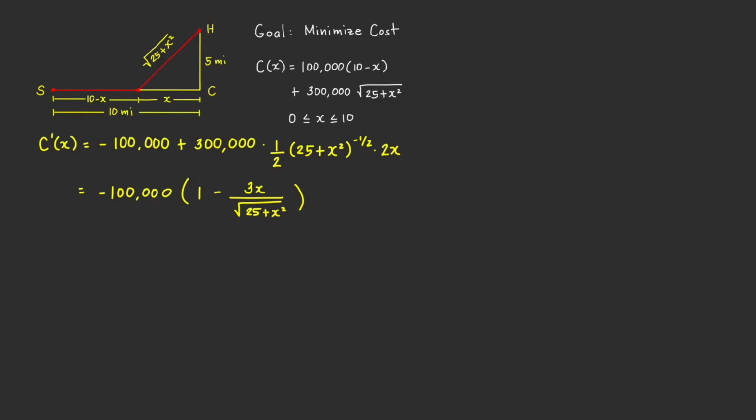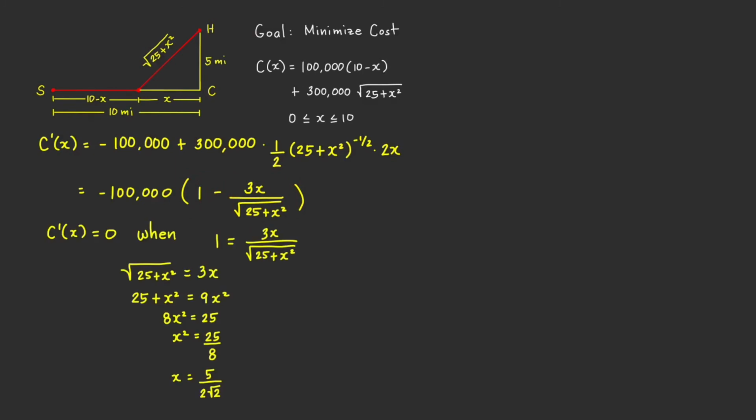Now, this C prime of x: the denominator will never be equal to 0, because x squared is always greater than or equal to 0. So the only critical numbers of this function C are the values of x that will make this equal to 0. And this is equal to 0 if this is equal to 1.